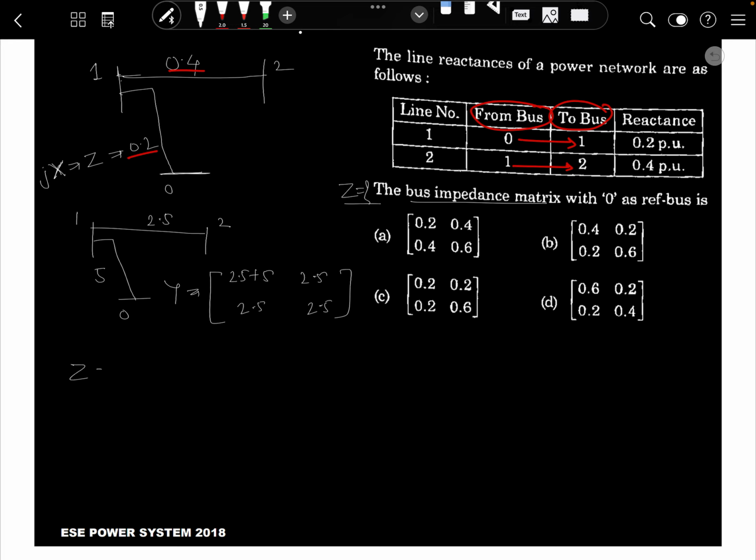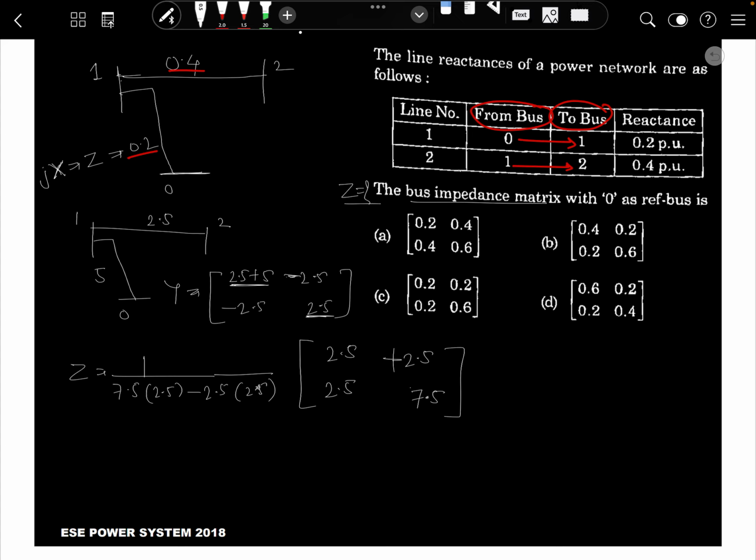Now we convert this into Z, taking the inverse. The determinant is 7.5 into 2.5 minus 2.5 into 2.5, and in taking the inverse the diagonal positions are exchanged and the signs of the off-diagonal elements change, so they become positive 2.5 and 2.5 in Z bus.